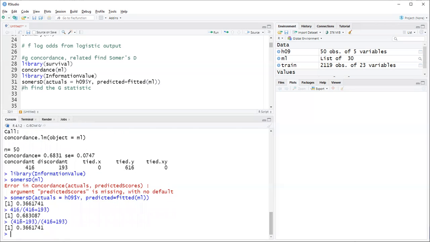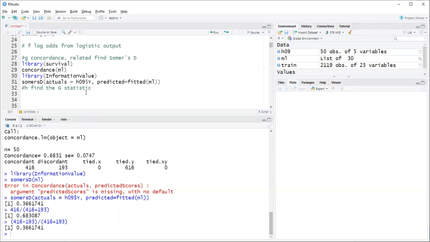Then I hit enter, and what do I get? 0.36161741. It's the same number as up here, right? That's what that's doing. So that's a measure of fit. The larger the number, the better. It means more of the pairs are concordant, lining up with our expectations.